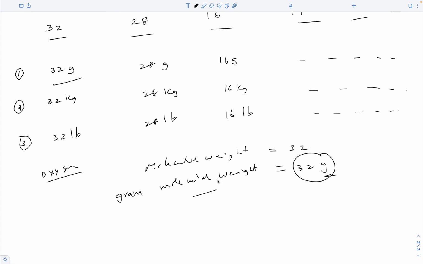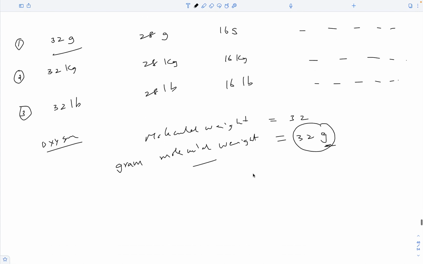Obviously, this name is very long. So let us shorten it. We can drop this word weight altogether and change this word molecular to molecule. So gram molecule and gram molecular weight are one and the same. Simply put, molecular weight of a molecular substance in grams.